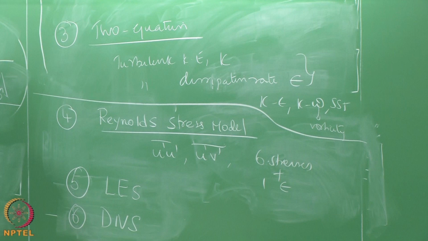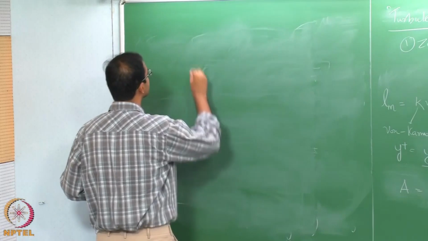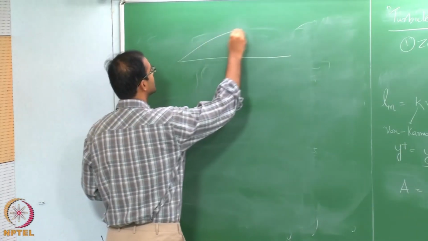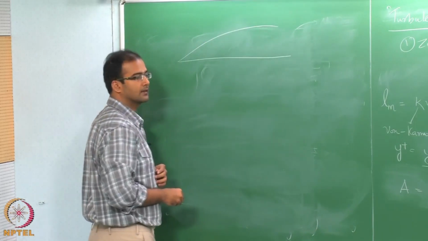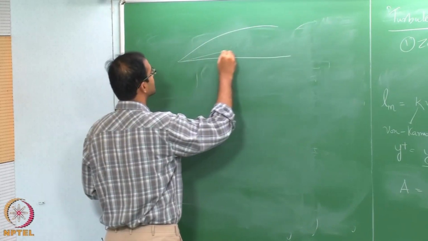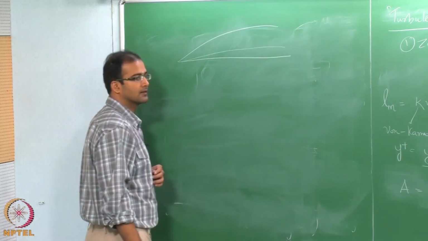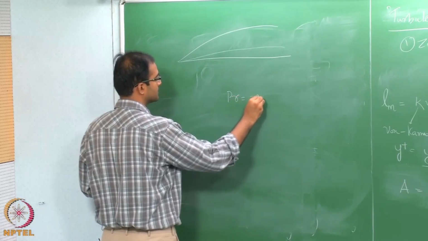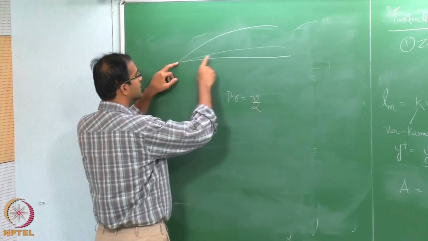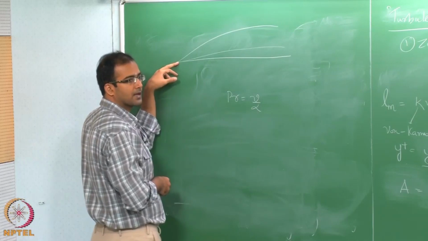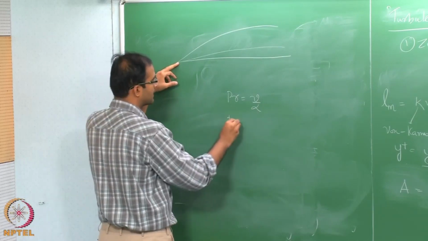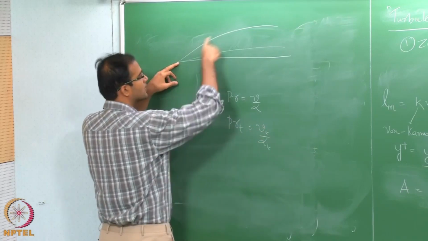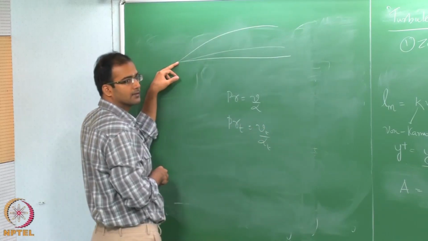As I already pointed out, when you talk about turbulent flow past a flat plate, you have a turbulent boundary layer, and there is a viscous sublayer close to the wall. The laminar Prandtl number is going to govern only the growth of this viscous sublayer, whereas the turbulent Prandtl number is the one that will govern the growth of the actual boundary layer.